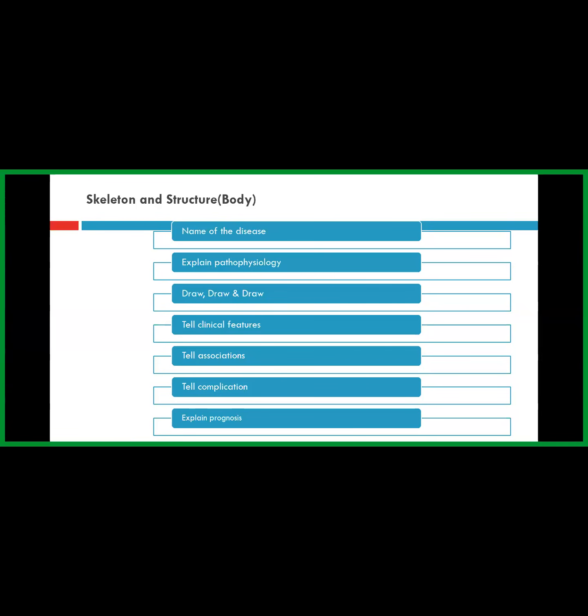Finish. Good. You are telling all the features, but you are not telling the association that unfortunately this UC, ulcerative colitis, is associated with CA colon also.